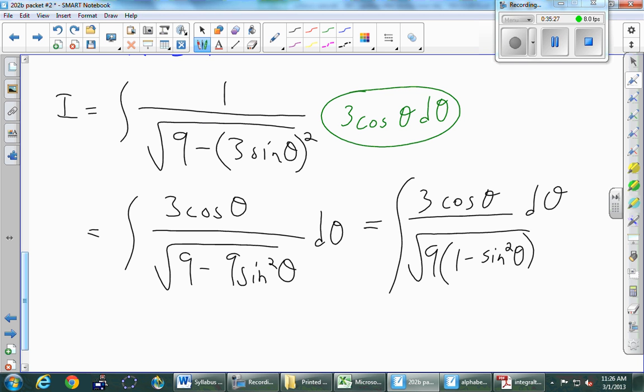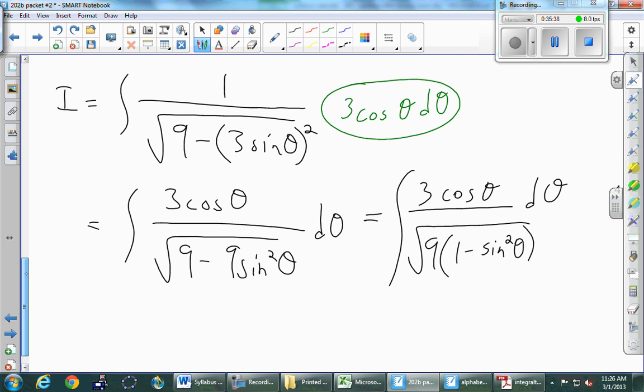We just took this 9 out of both of these.